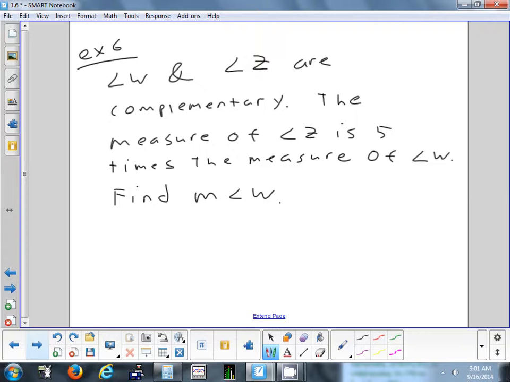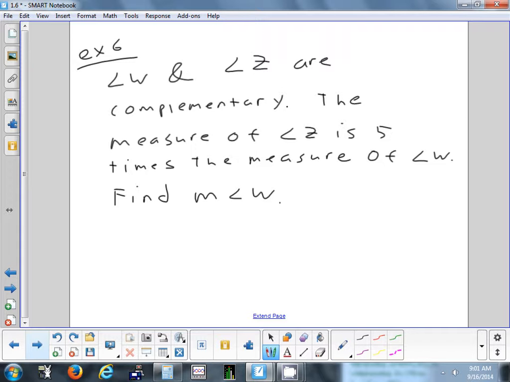So this one says angle W and angle Z are complementary. The measure of Z is 5 times the measure of angle W. Find the measure of angle W. We could also find the measure of angle Z once we have W. That wouldn't be hard. But I just want W. Okay, so I want to come up with 2 equations here.